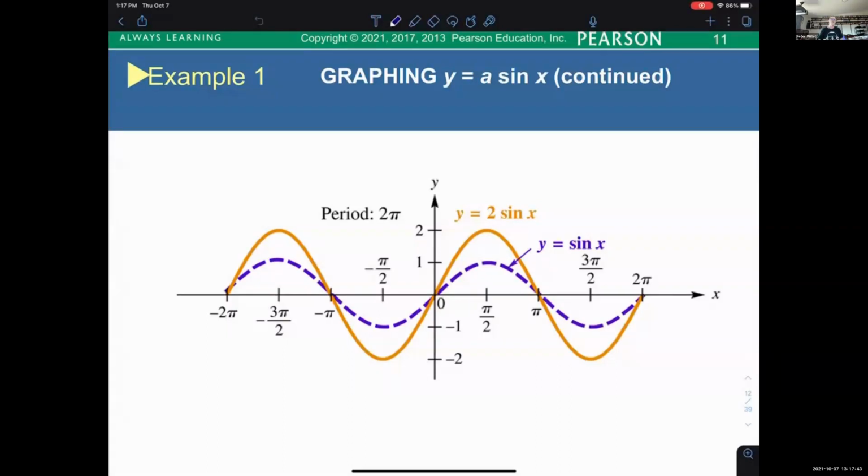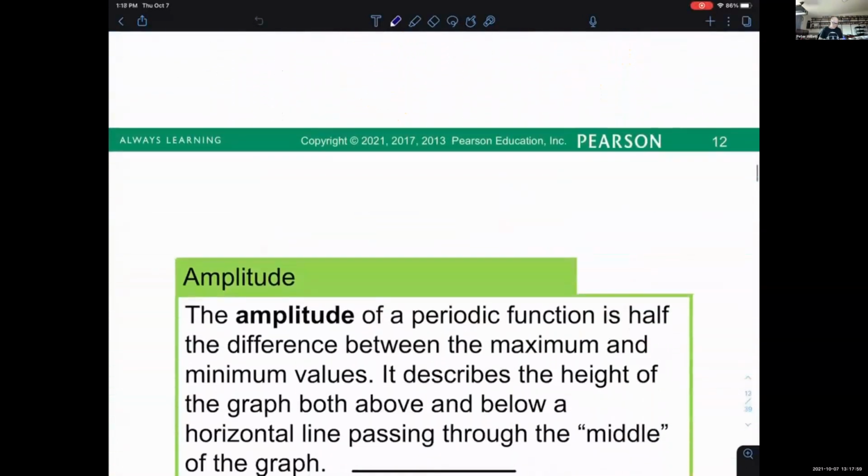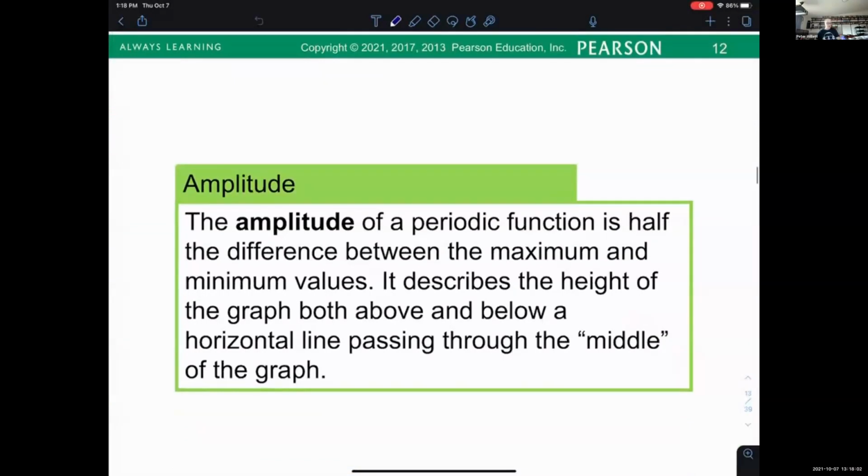So they're going to create this category where they say these are examples where we're considering graphing things like y equals a times sine x, meaning some number a, like a 2 or a 5 or something like that. So they're going to multiply sine by a, and now we're going to define this thing called amplitude.